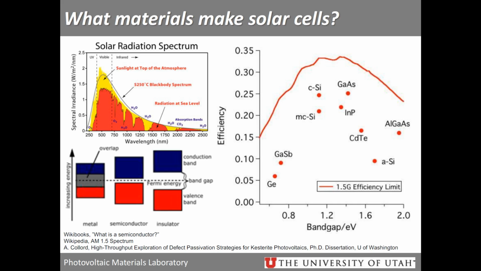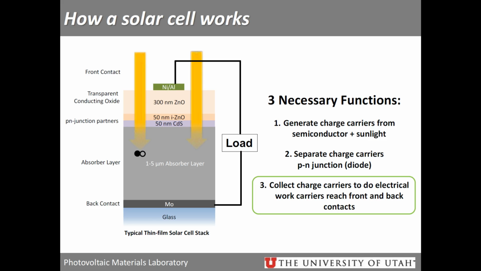So let's say, since we don't really have a single material which can do everything, let's take one material and see what's the best we can do, and try to build a solar cell.